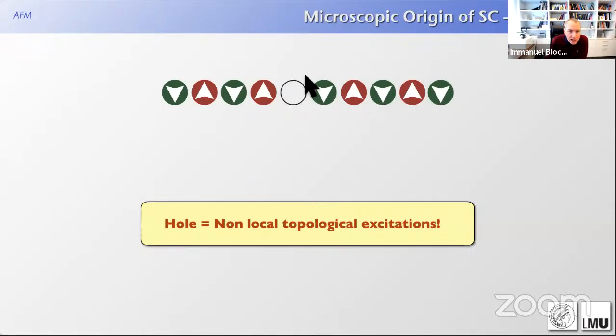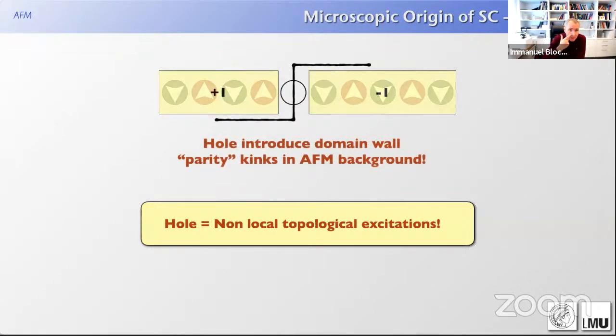But now I have a hole here, and we know in the ground state of the system, the hole wants these two adjacent spins to antiferromagnetically align. So I go on here, actually not with up, down, up, down, up, down, but I continue with down, up, down, up, down, up. And if I denote these two configurations of the antiferromagnet that I can have by their parity of plus and minus one, then you see that a single hole introduces a domain wall for the parity of the antiferromagnet to the left or to the right hand side of this domain wall.